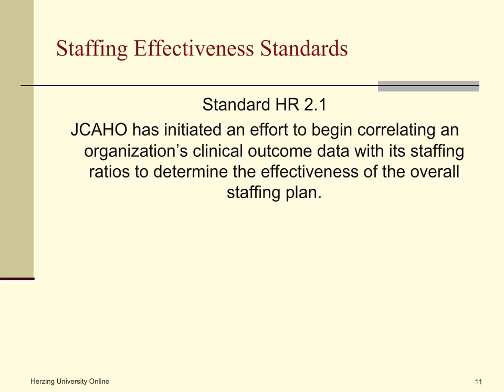For example, the Joint Commission has a staffing effectiveness standard, HR 2.1. The Joint Commission has initiated an effort to begin correlating organizational clinical outcome data with its staffing ratio to determine the effectiveness of the overall staffing plan.